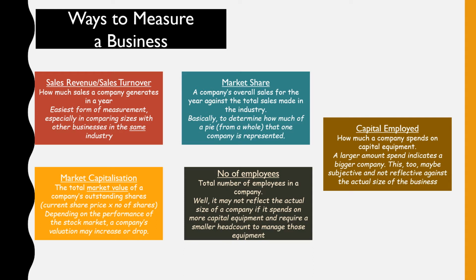It is also hard to really look at the size of a business when it is affected by the price of the shares, or the greater use of capital equipment versus employees. These are the things to consider when you're answering questions related to measuring the size of business.